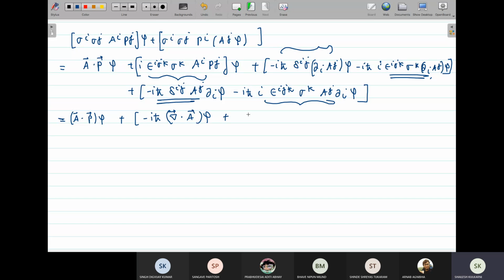So there will be a contribution from i times epsilon ijk sigma k del i aj acting on phi, minus i h cross delta ij. So this will be the a dot p term acting on phi, and this term with this term we'll see what will be the contribution.